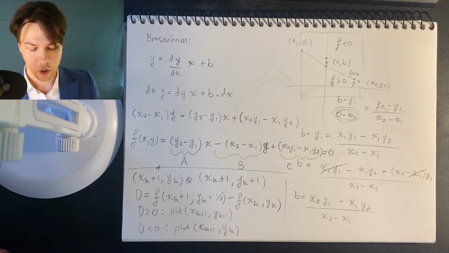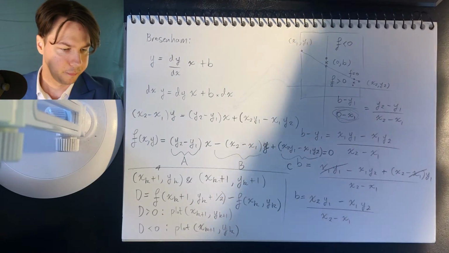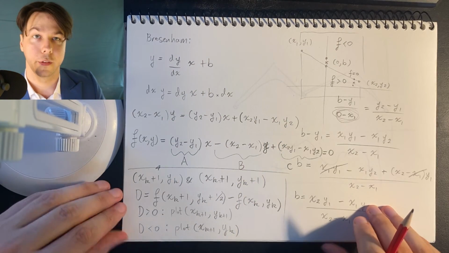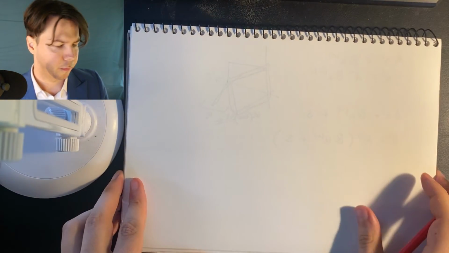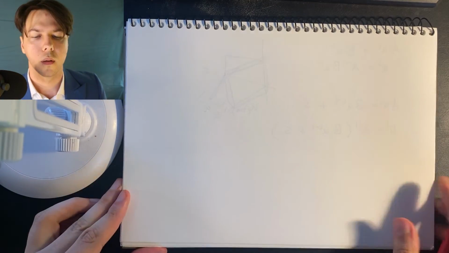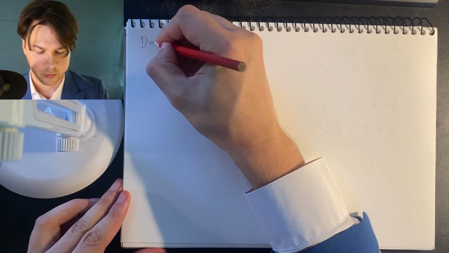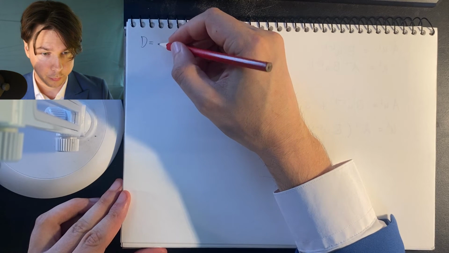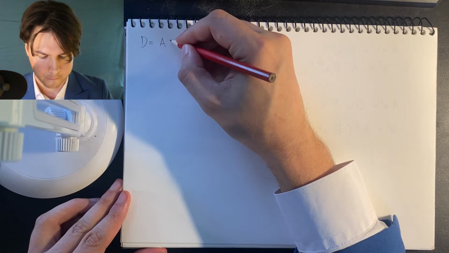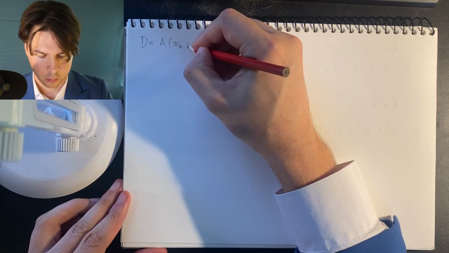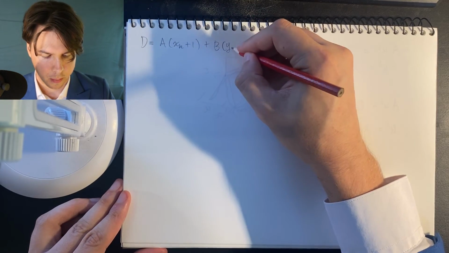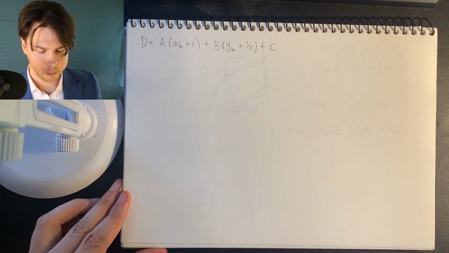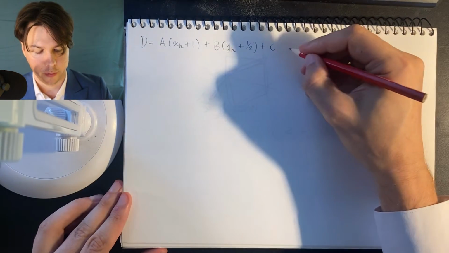But what does this actually evaluate to? Well, the truth is it's not that bad. So if we were to have a look here, again, our decision parameter d is the difference between going to the next x coordinate and the point that we just came from.